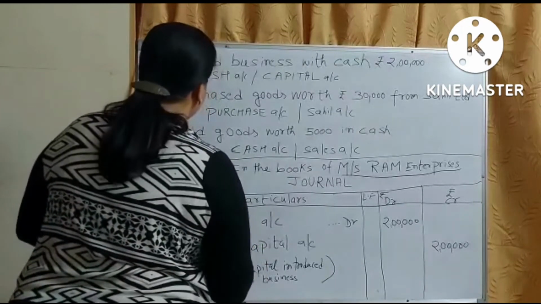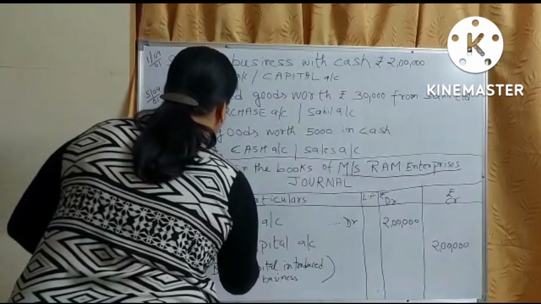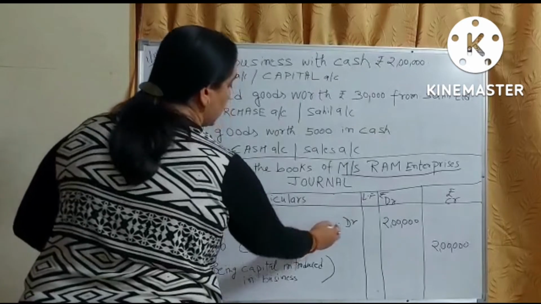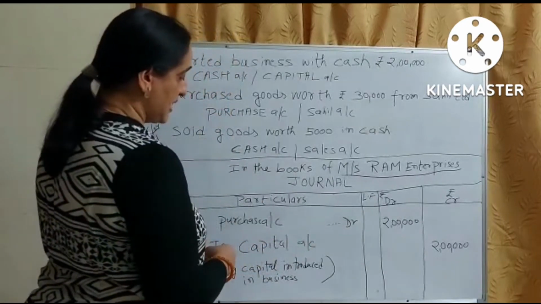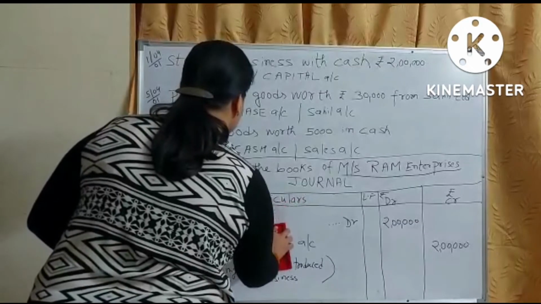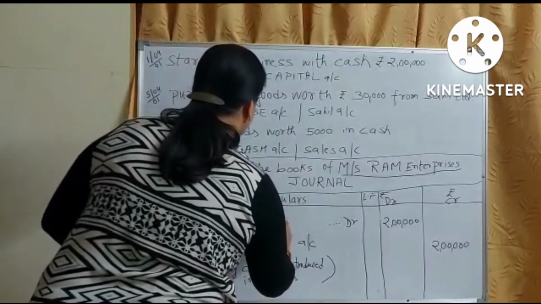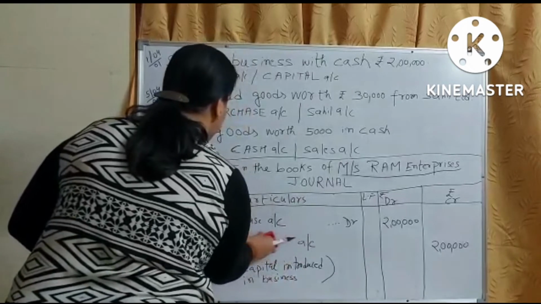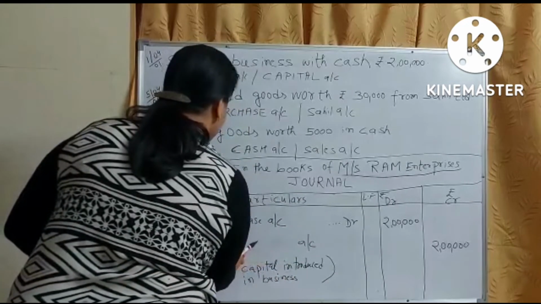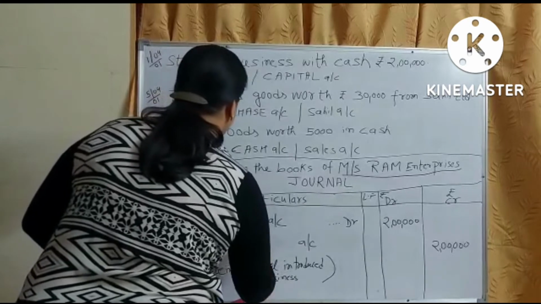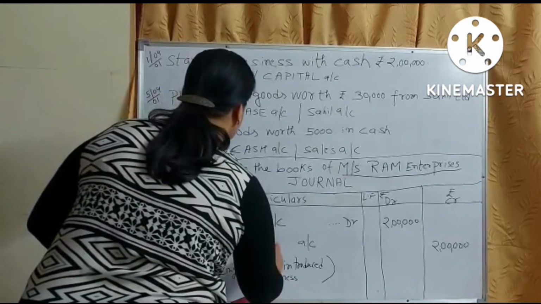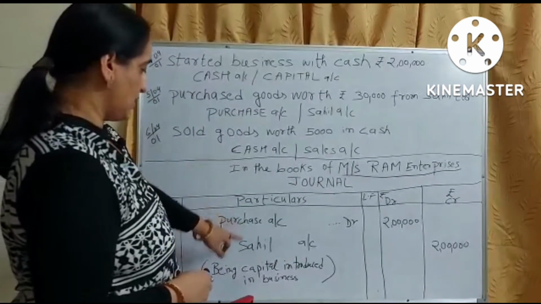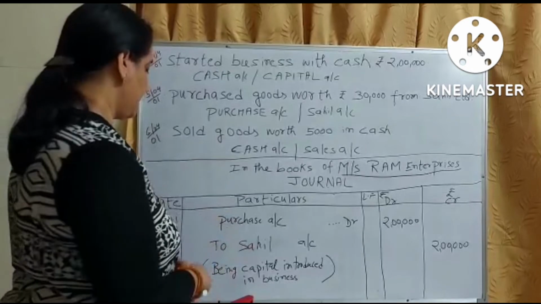Now, initially we will write purchase account and with the word DR and in place of capital account we will write Sahil. Now this is the second transaction, purchase account debit to Sahil.